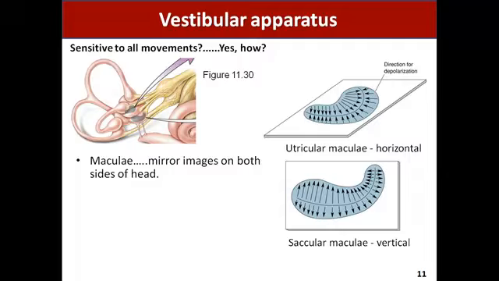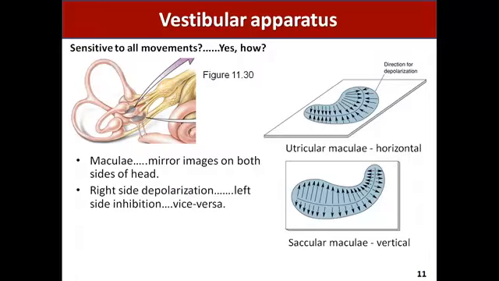When we're talking about these maculae, they do exist as mirror images on both sides of the head. However, in terms of certain types of movements, as we'll see particularly with the semicircular canals, when we have a depolarization on the right side, the left side axons tend to be inhibited and vice versa.